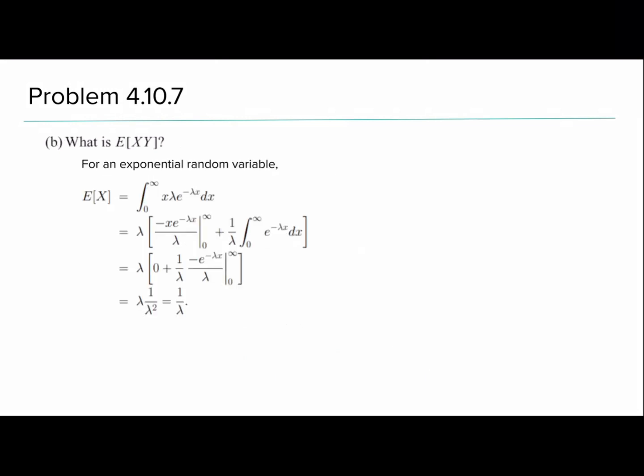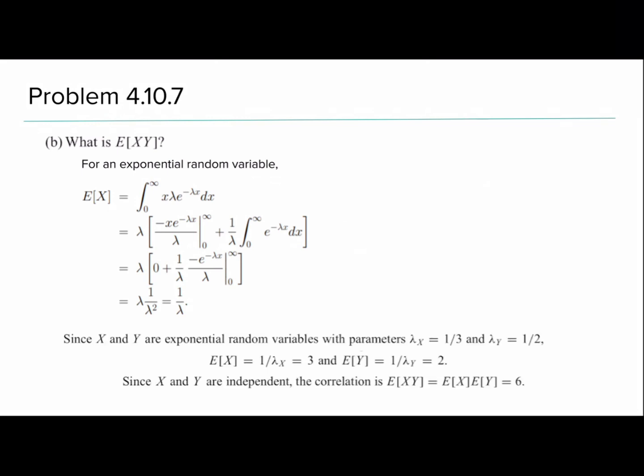For the next part, we have to find the expected value of xy. We just stated that x and y are both exponential random variables, and using integration by parts, we can find the expected value of an exponential random variable, which comes out to be 1 by lambda. Lambda for x is 1 by 3, and lambda for y is 1 by 2.